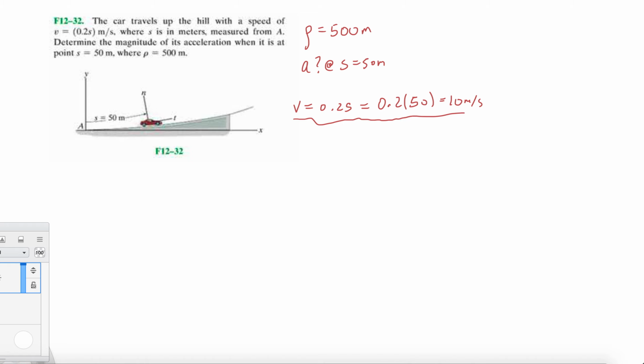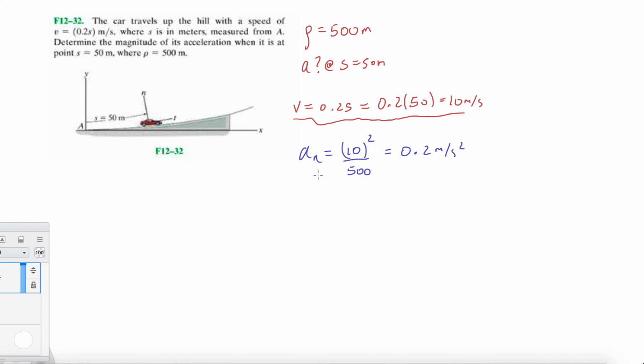Because we're going to need it for the normal component of acceleration. So my normal component of acceleration at S equals 50 is going to be 10 squared divided by rho, the radius of curvature, so that's going to be 0.2 meters per second squared.